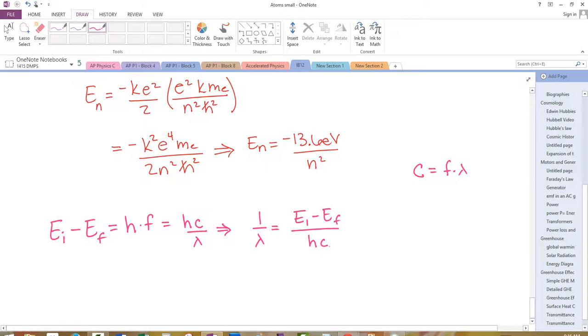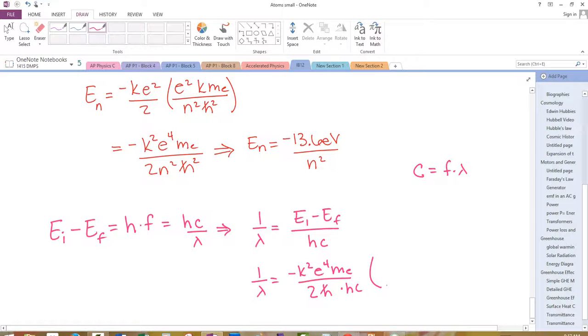Let's plug stuff in. What's going to be E initial and E final? Everything else stays the same, with just the n changing. So 1 over lambda is equal to the negative k squared e to the fourth m e over 2 h bar, times h times c.